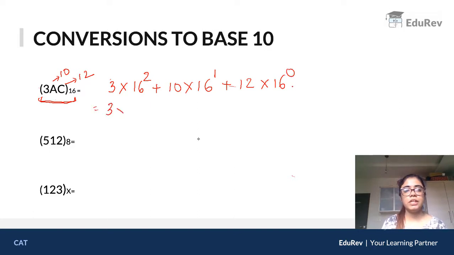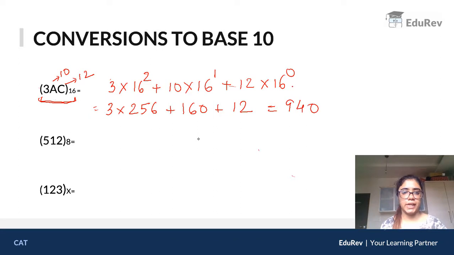Now this will be 3 into 256 plus this will be 160 plus this will be 12. So the value comes out to be 940. So this is 940 to the base 10. So 3AC in hexadecimal is 940 in the decimal system.